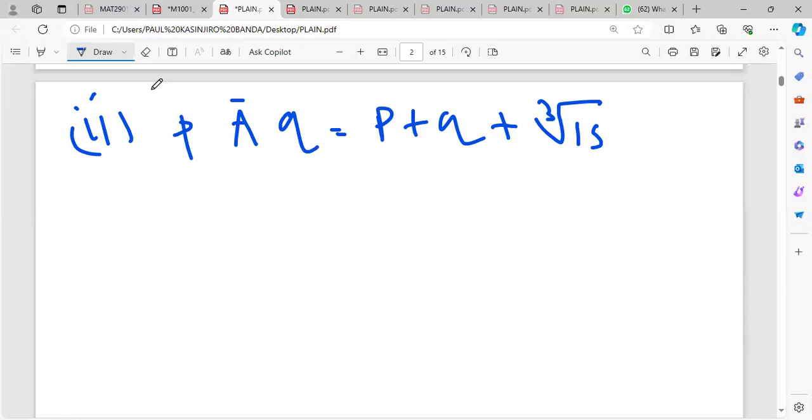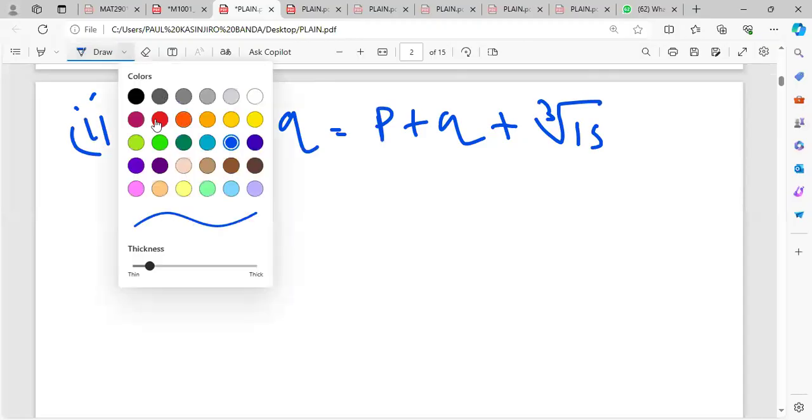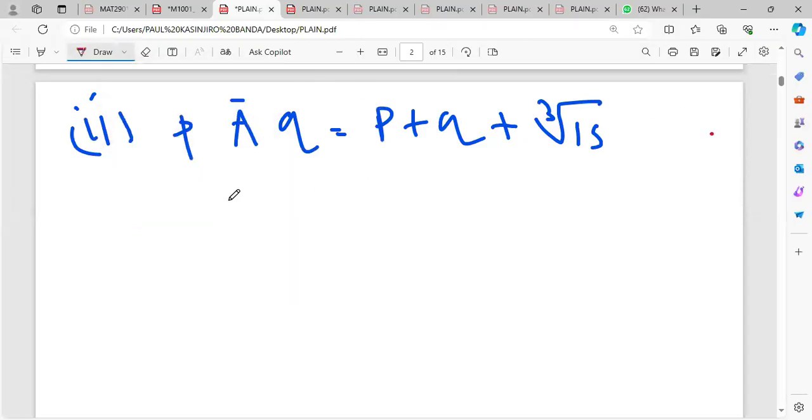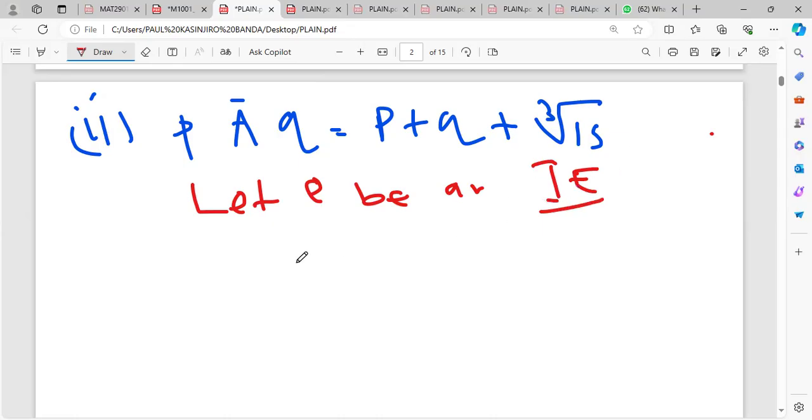Our first assumption is always to let E, or any letter of your choice, be an identity element. So you write in full here, I'm just writing in abbreviations.